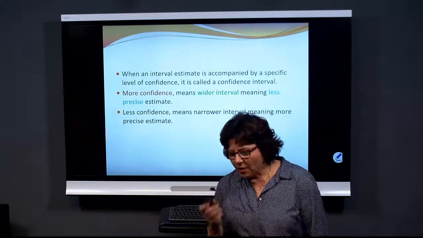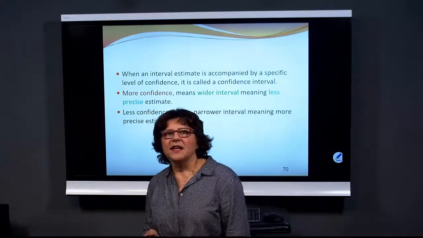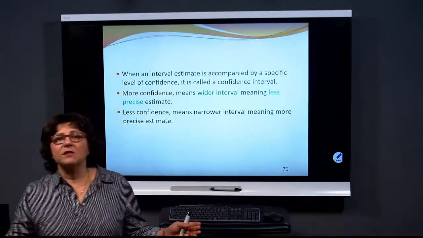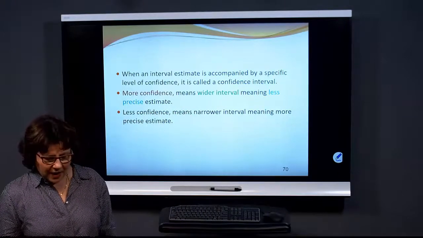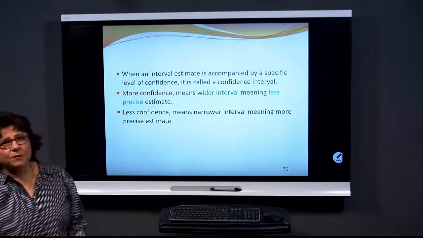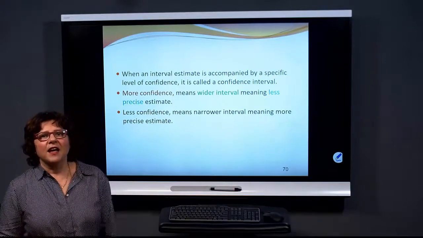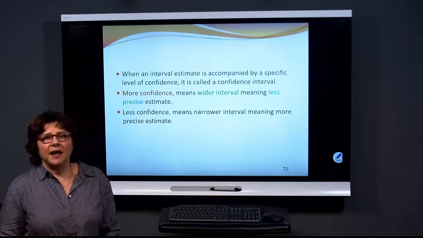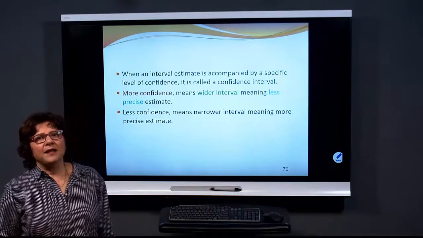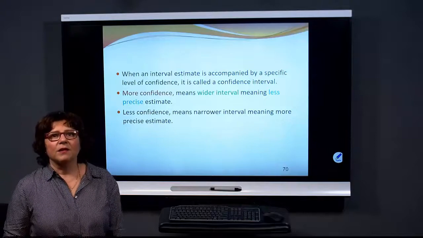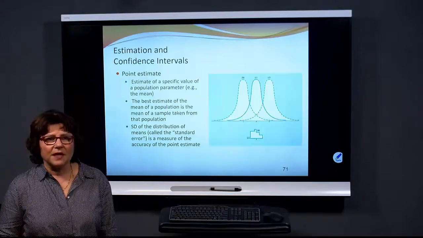So when you have got more confidence, it means that the interval is wider, and it is less precise. But when you have less confidence, it means that you have a narrower interval, and it means that it is a more precise estimate.